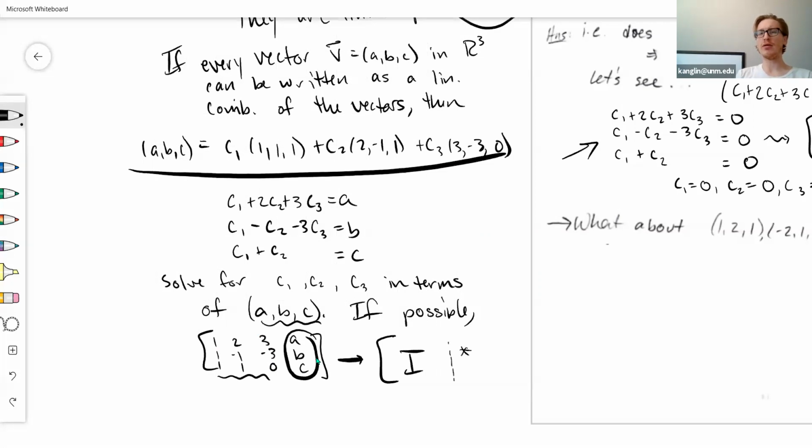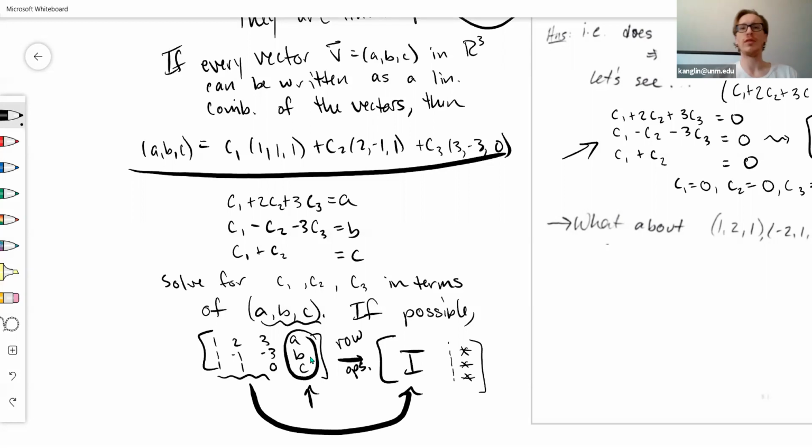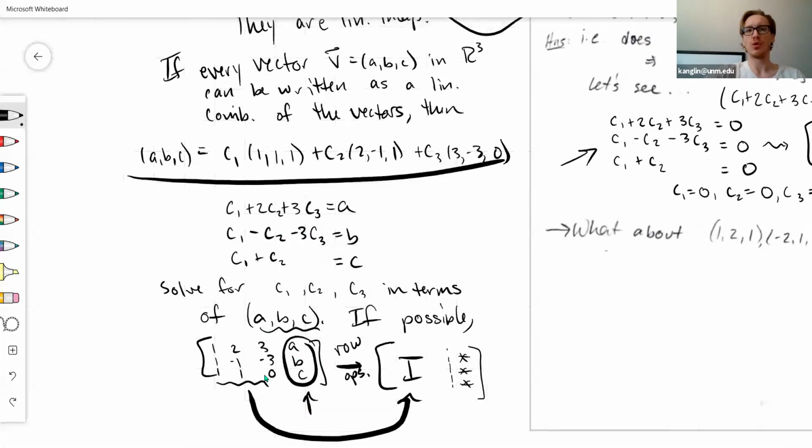And it doesn't really matter. You don't even have to track what happens to the unspecified a, b, and c values, so long as this left square turns into the identity under row ops.